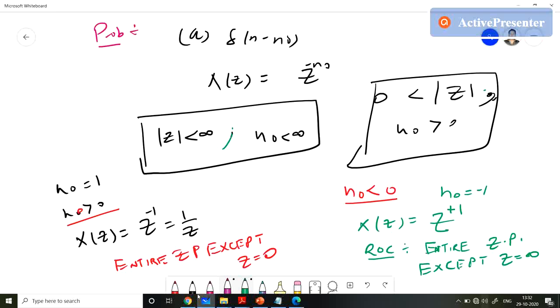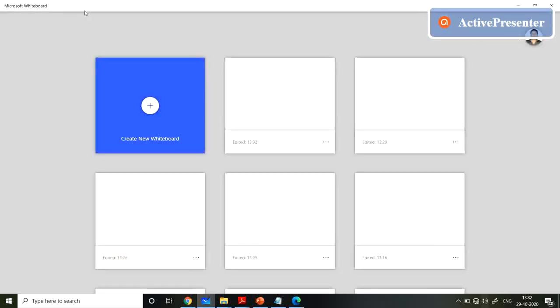So when n naught is greater than 0, we are excluding 0, and when n naught is less than 0, we are excluding infinity. Let us do another problem.